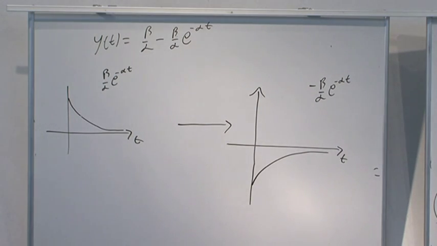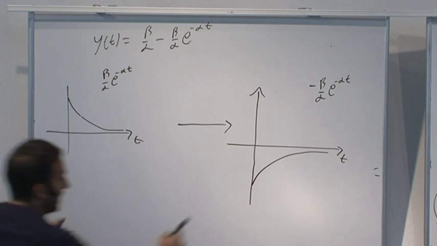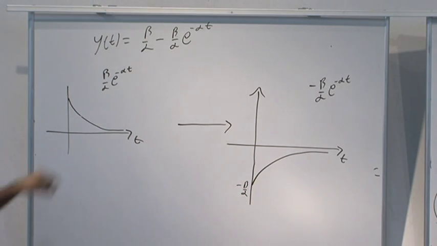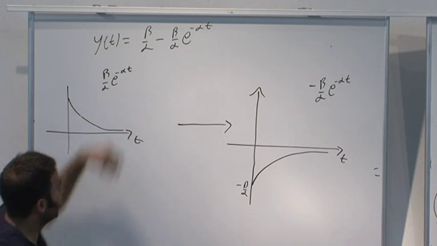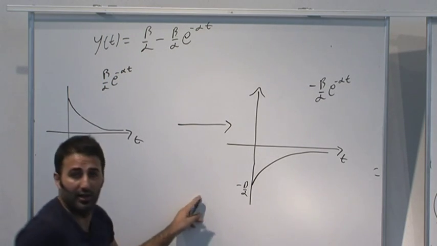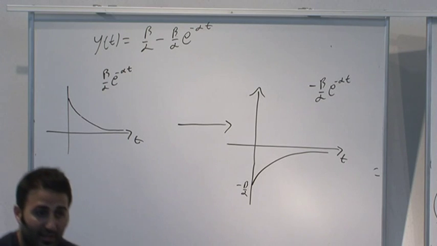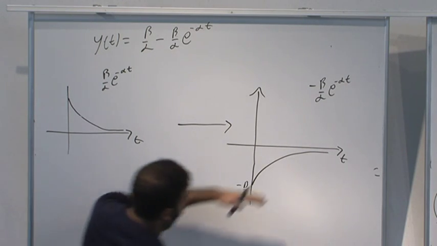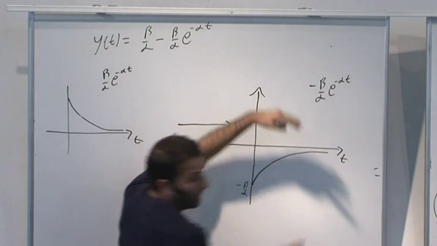But now this is what? Minus beta over alpha. And the full solution is adding beta over alpha. What happens when you're adding a constant to a function? It just everything jumps, right?